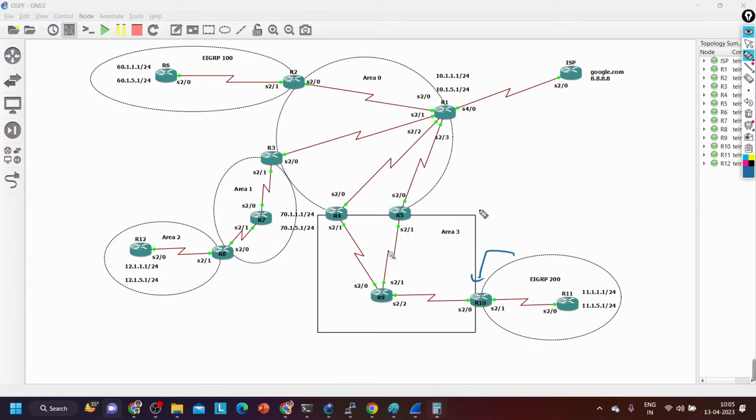If suppose on this router there is some loopback running, then the highest IP address of the loopback interface will become the forwarder address. If there is no loopback, then the highest IP address of a physical interface in the OSPF domain will become the forwarder address. So here I haven't configured any loopback. Actually there is only one interface in the OSPF domain. So whatever IP address is running over here, that IP address becomes the forwarder address.